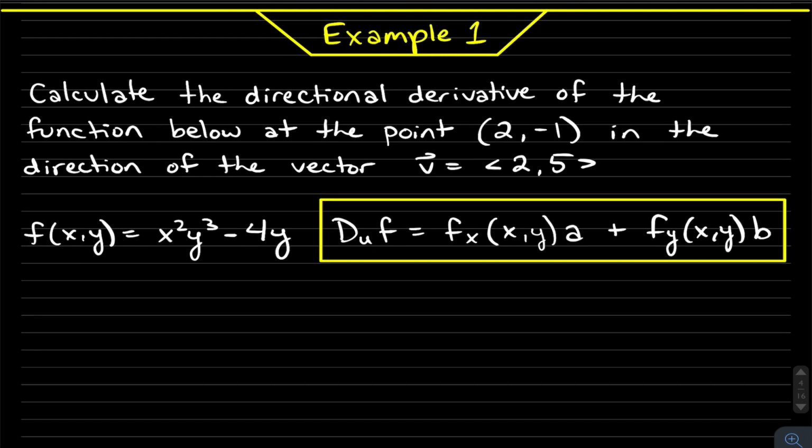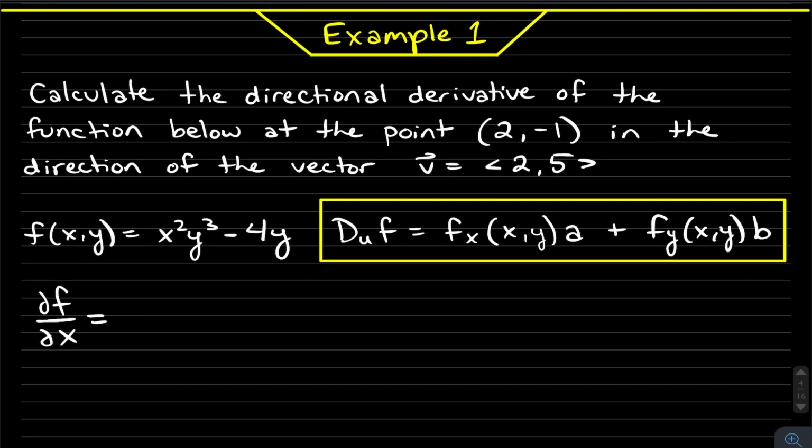And so we have our function below. We have that f of x and y is x squared y cubed minus 4y. Okay, and so, well, let's take our partial derivatives. That's the first step, because in our formula we know that we need the partial derivatives and we need the unit vector. So we'll start with our partial derivatives. We'll take a partial derivative with respect to x, and that will be what?